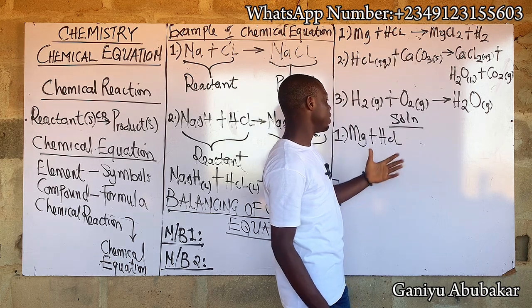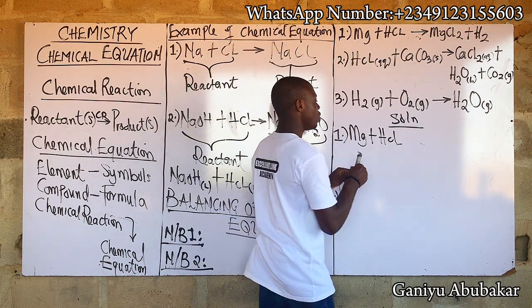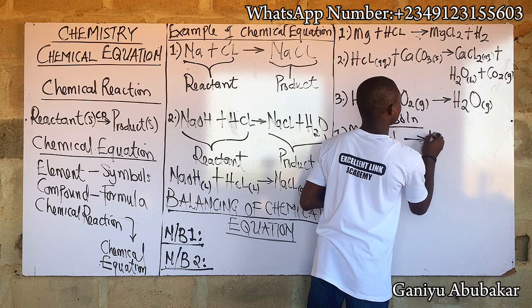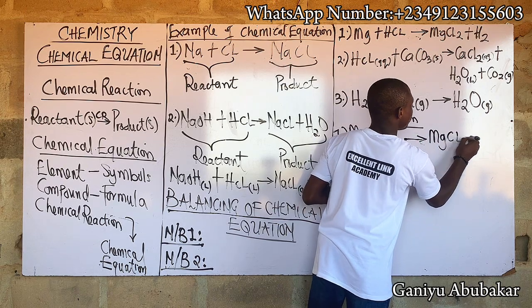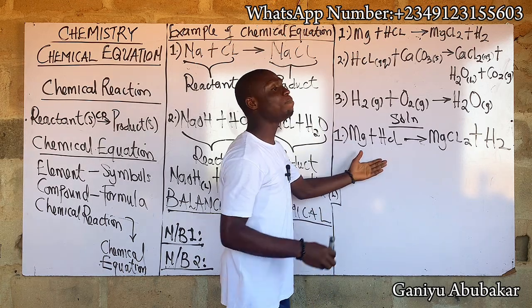In this case here, it is to be an acid. So I have Mg and HCl combined to give MgCl2 plus H2.